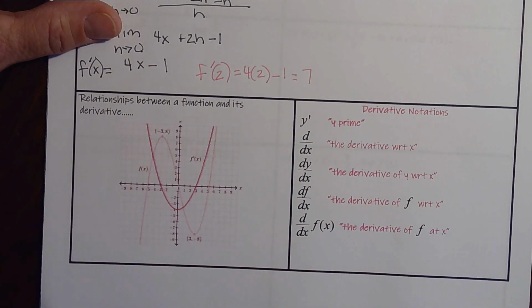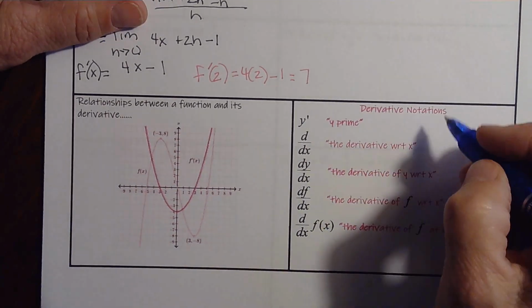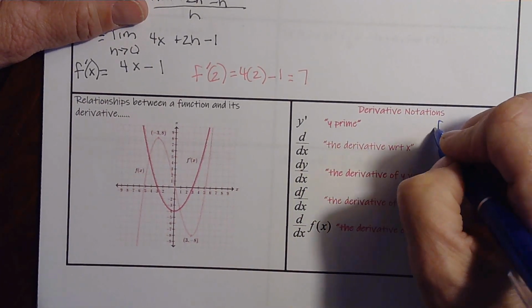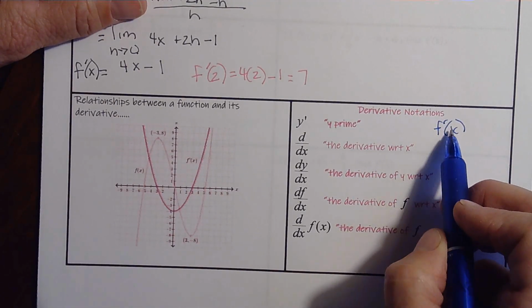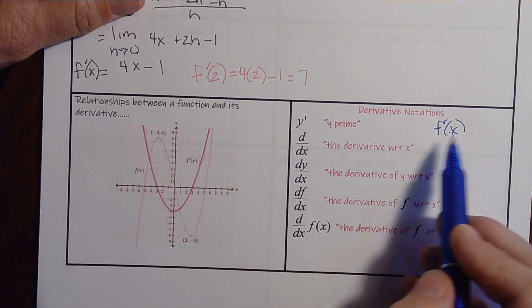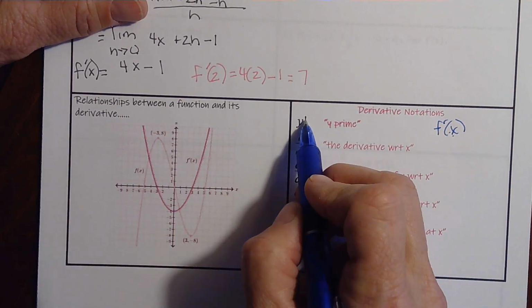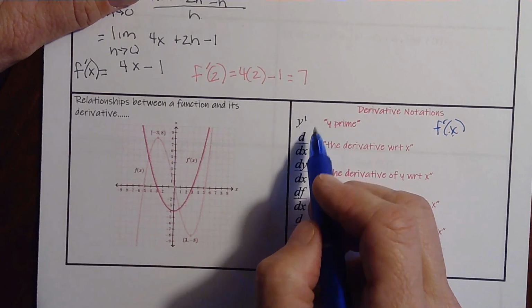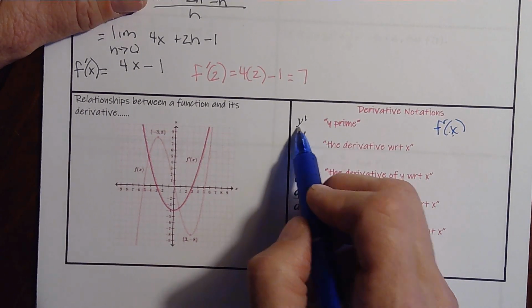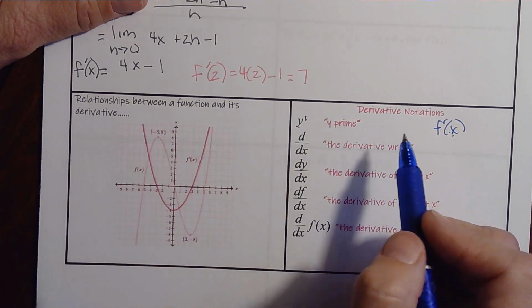Now, one of the things that we've talked about is that this expression represents a derivative, f prime of x. Since y and f of x are the same, y with a little apostrophe looking thing also indicates a derivative. We read that as y prime.